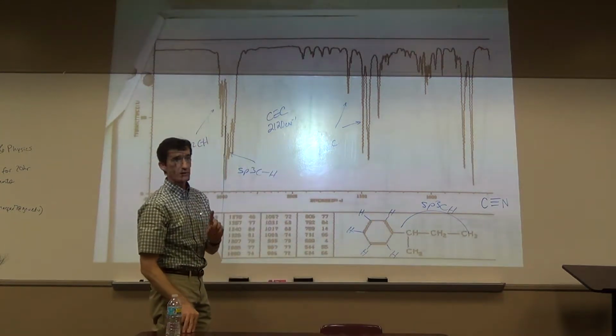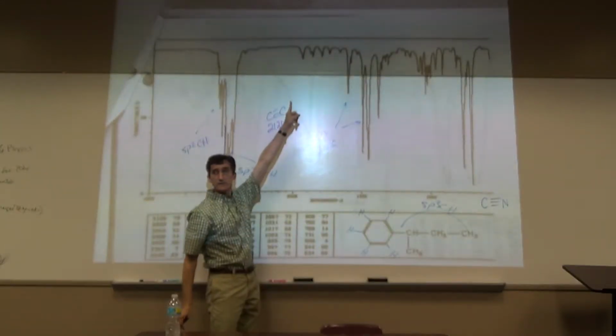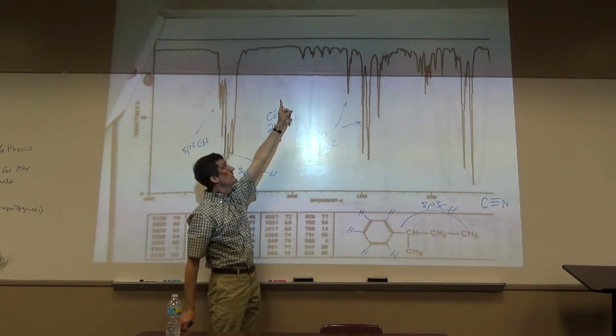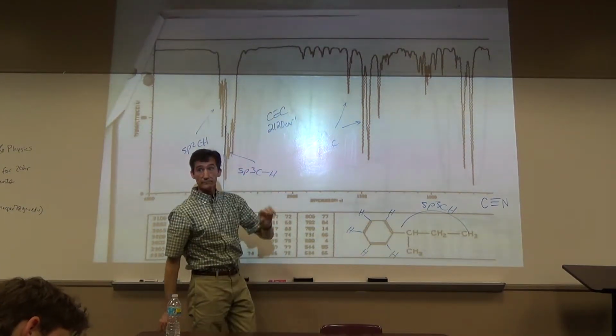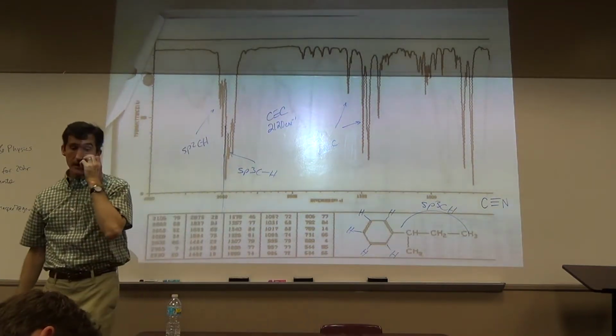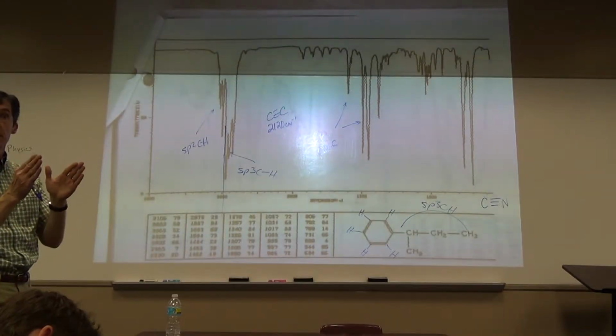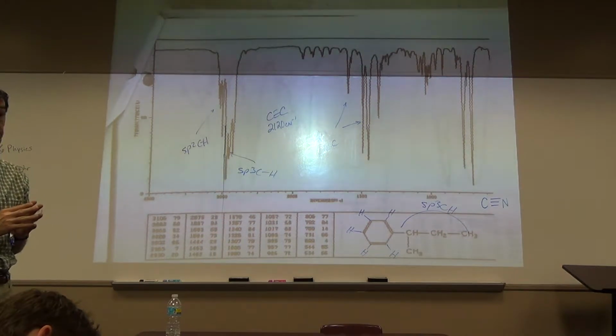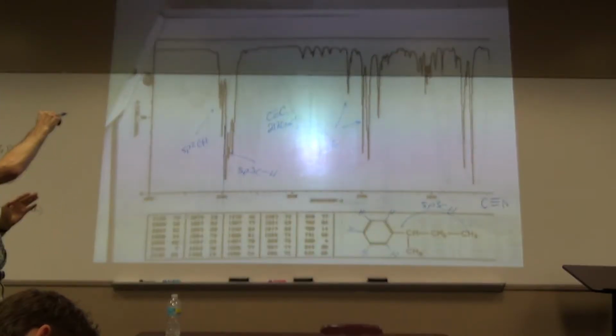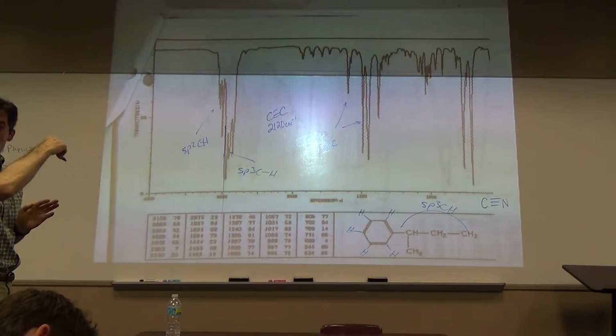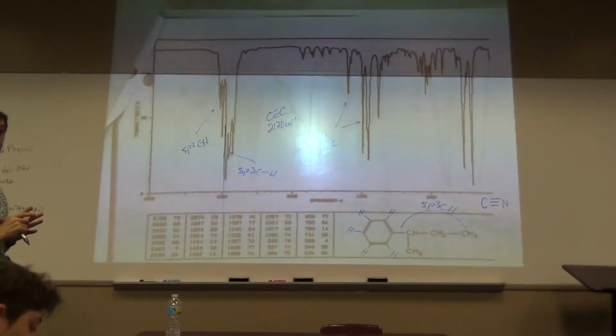Another thing you get with an aromatic ring is this mountain range at about 1700, 1800, 1900 through there. Some books that are very detailed will actually tell you what different mountain ranges mean. That one there looks like four and then one minor one. There are different types of mountain ranges.